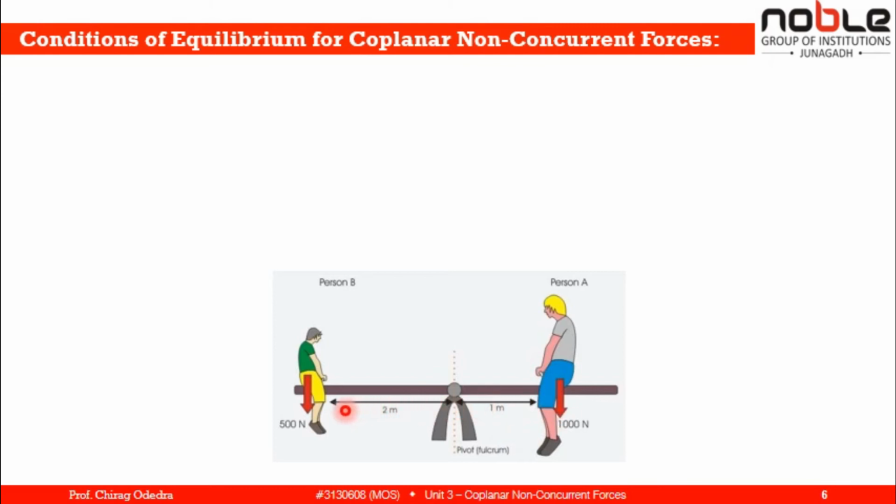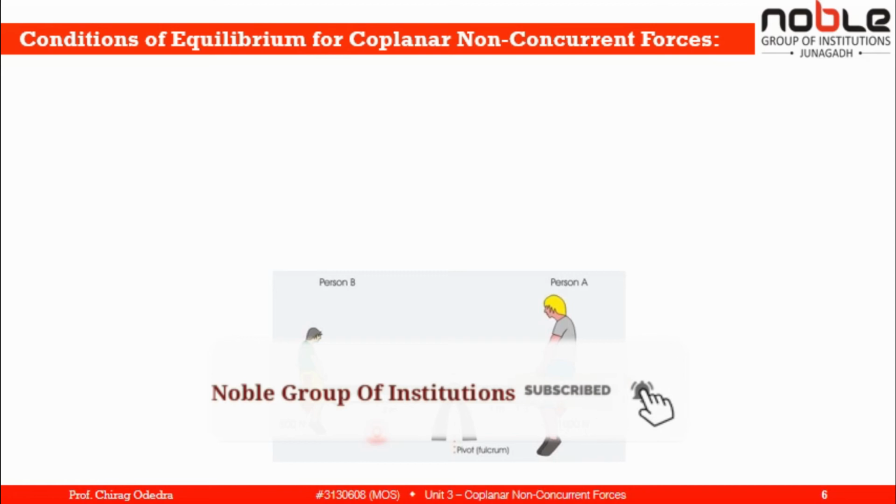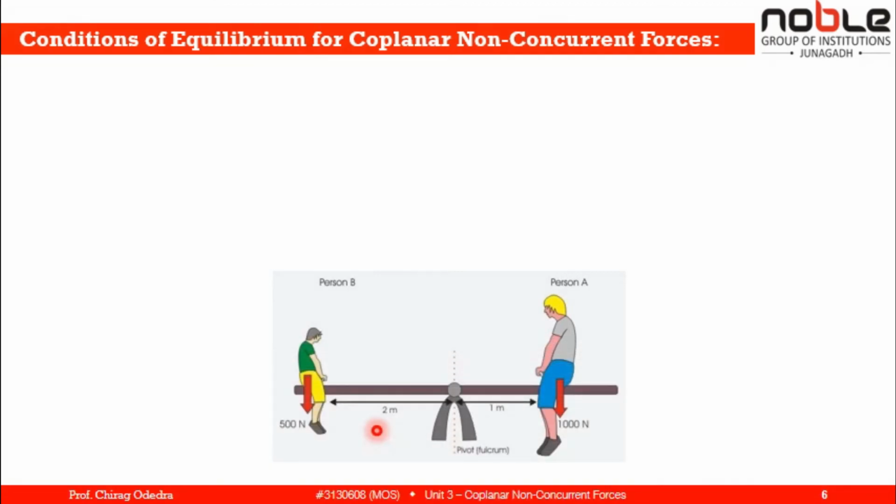Similarly, the moment because of person B is 500 into 2 meters, which is also 1000 Newton-meter. So the moments because of these two persons are the same, so this mechanism is stable. That means it is in equilibrium.